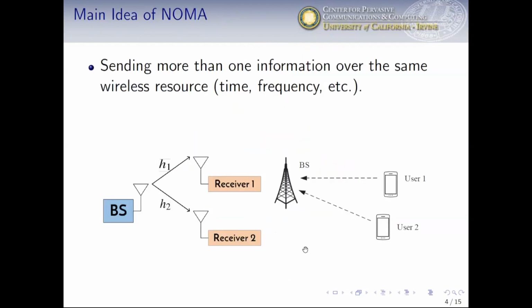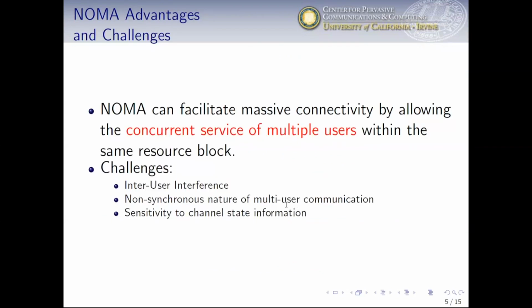In general, the main idea behind NOMA is to send more than one information over the same wireless resource. NOMA can be used both for downlink and in uplink. NOMA can facilitate more connectivity with concurrently serving multiple users.